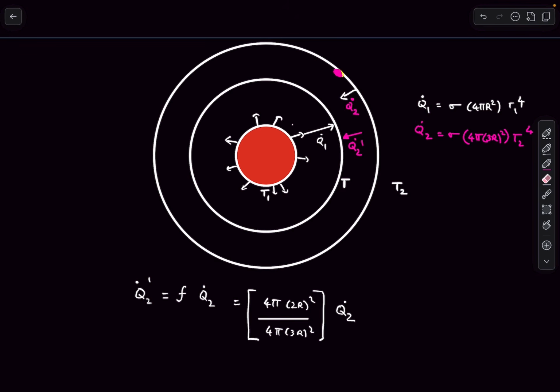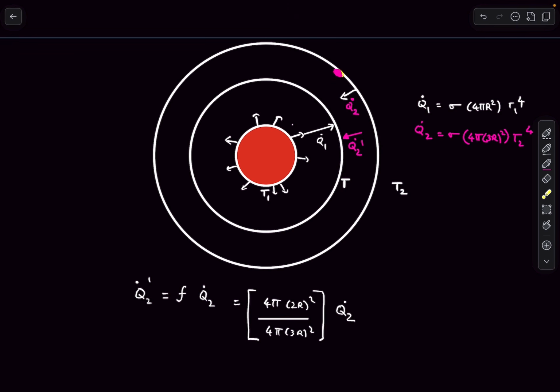Or you can check out the engineering textbook called Cengel. Type Cengel heat transfer and go to the radiation section of it. There is a lot of discussion about this. But to be honest, it's not really in the JEE syllabus. They have not mentioned it explicitly, so just knowing the spheres and the cylinders case would be more than good enough.